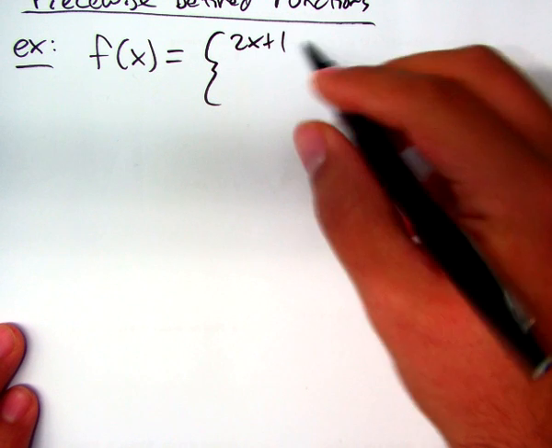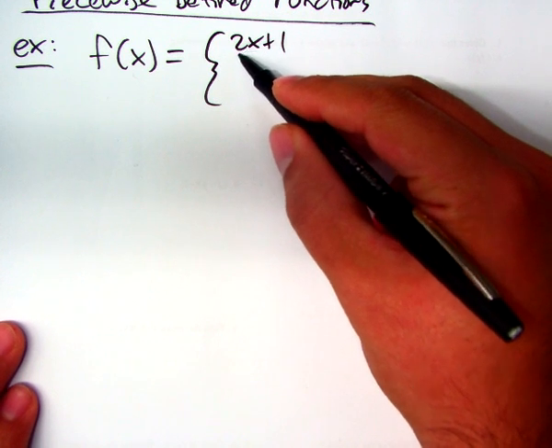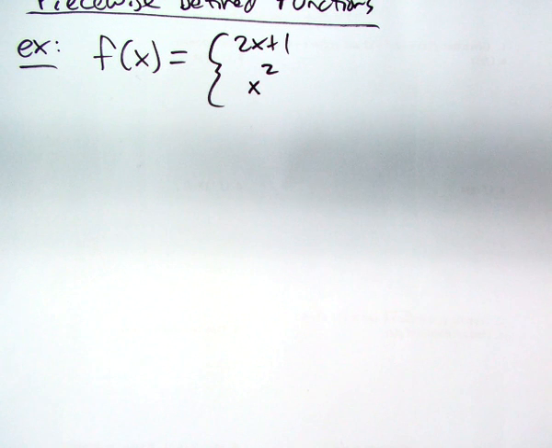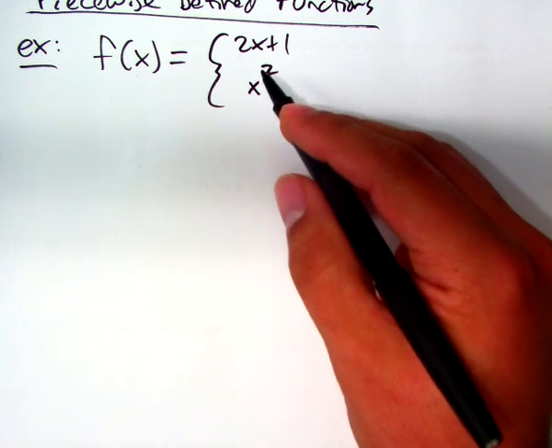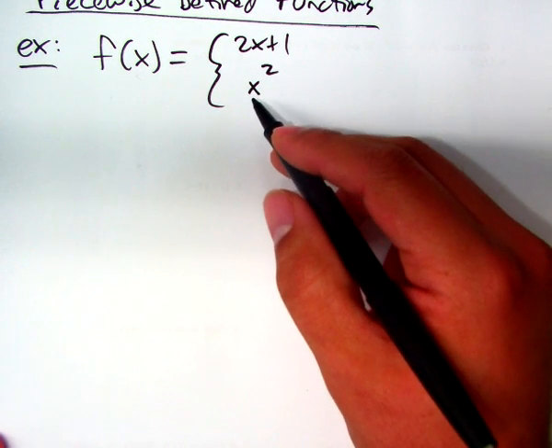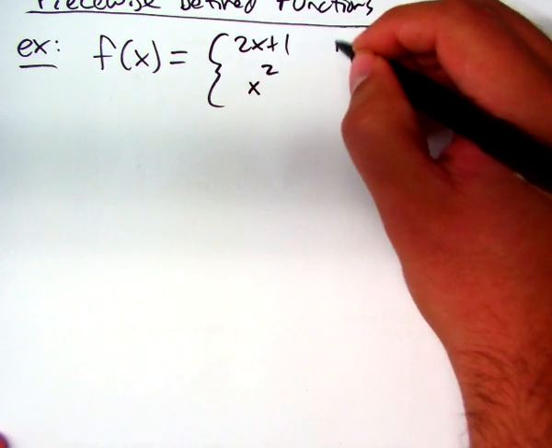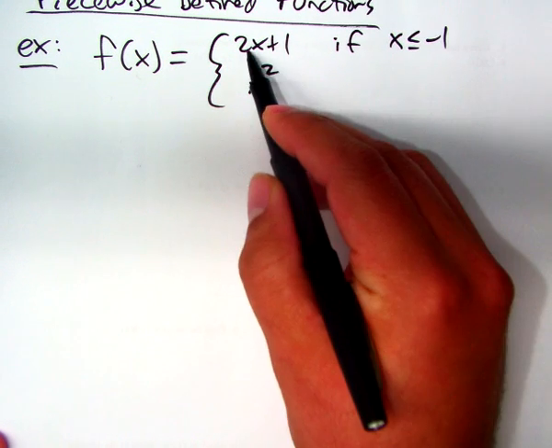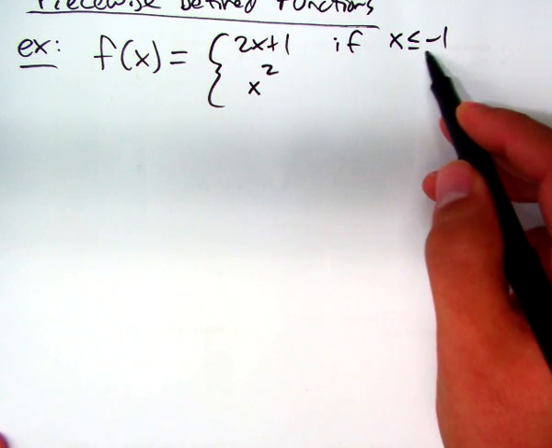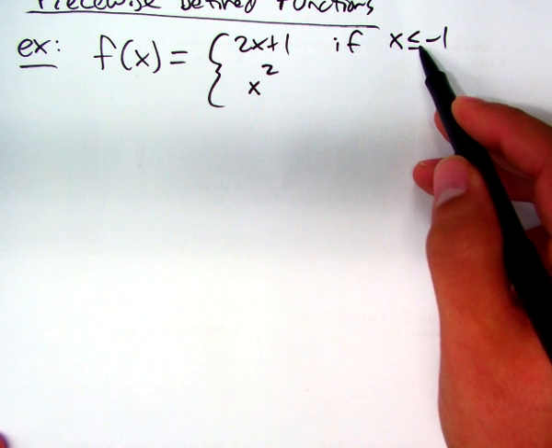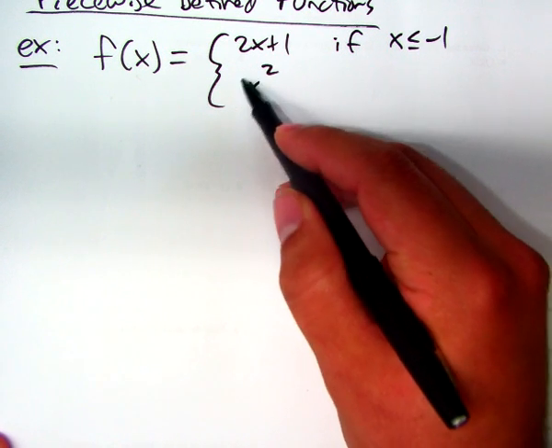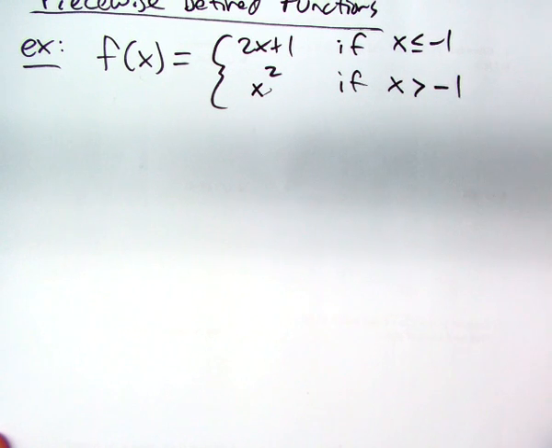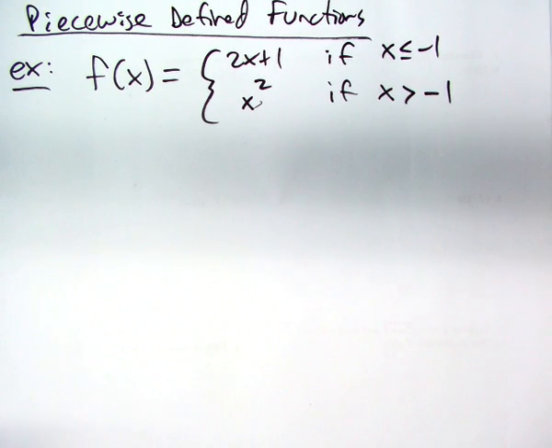Maybe part of the graph is 2x plus 1, and the other part is the parabola x squared. Along with what 2 functions you're graphing, it'll tell you what parts you want to graph specifically. So it'll say, for example, we want this graph whenever x is less than or equal to -1, and then we're going to pick up with this graph if x is greater than -1. Okay, so here's the first method.